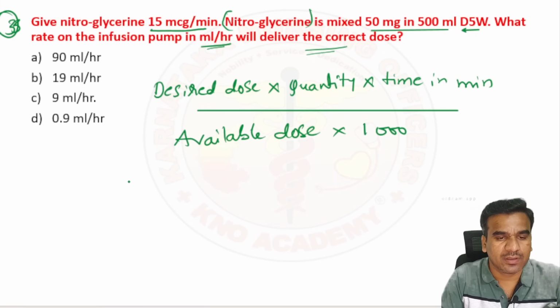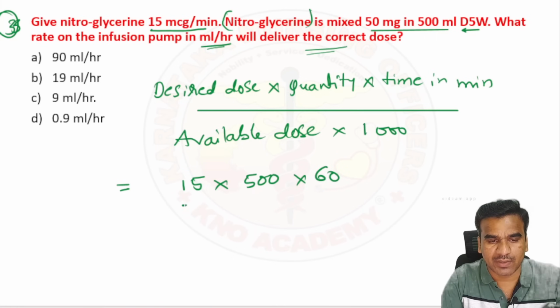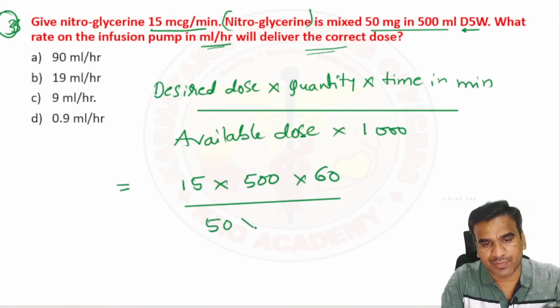Here we will calculate. The desired dose is 15 microgram per minute, into quantity, which is 500 ml since we diluted in 500 ml, into time in minutes, 60 minutes per hour, divided by the available dose of 50 mg into 1000.